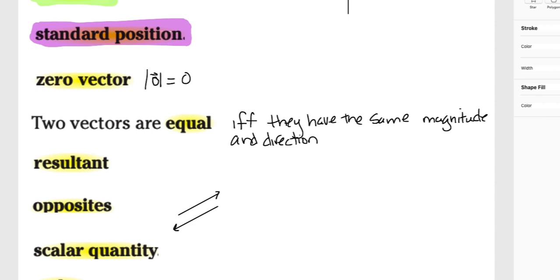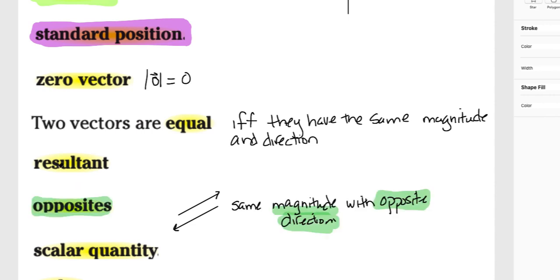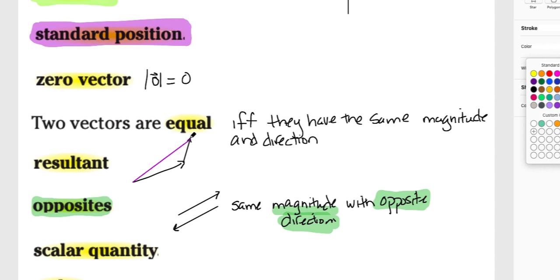The next thing we're going to talk about is resultants. A resultant is when you have one vector here and you consider what happens if that vector and another vector like this act on the same object. What is the result? If one vector acts on one thing, then another vector acts on that same thing, in that order or even in the opposite order, what will be the resultant vector?